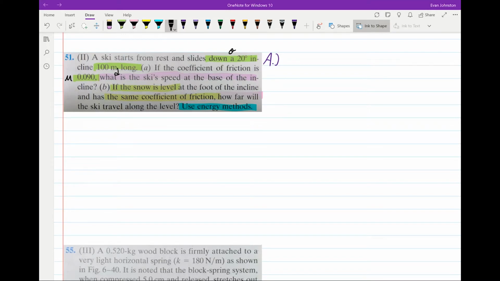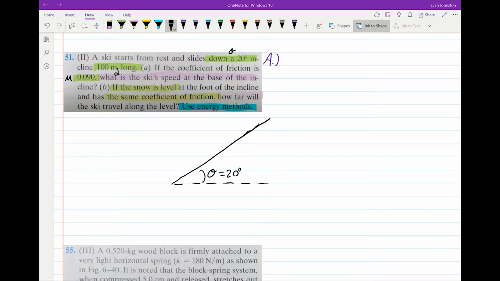So looking at this, I'm going to draw my little slant, my slope here. And we're told it's at a 20-degree. Now, this is exaggerated. This is like 40 degrees. But that's okay. So we'll just go right along there. We know this angle is 20 degrees. Great. And here is our ski.